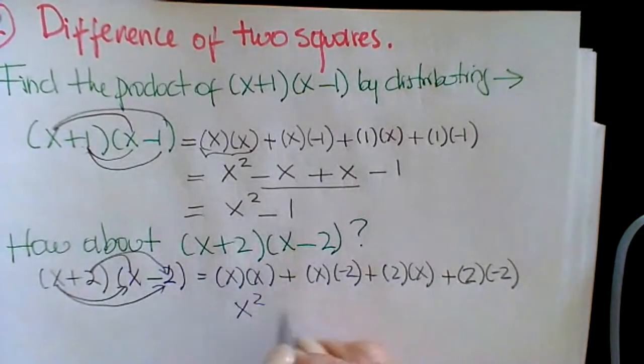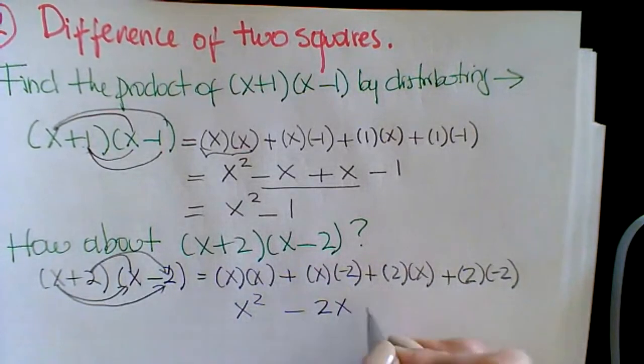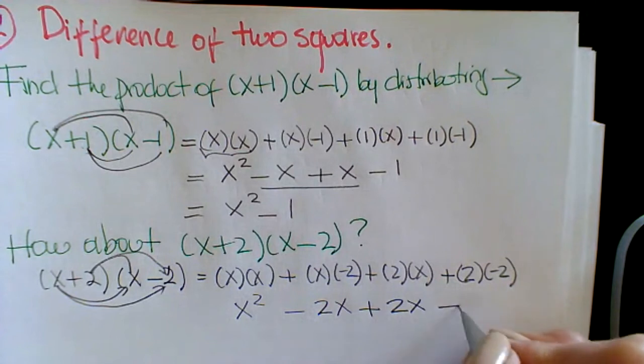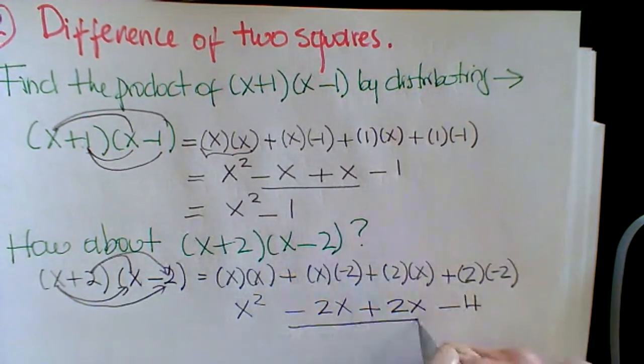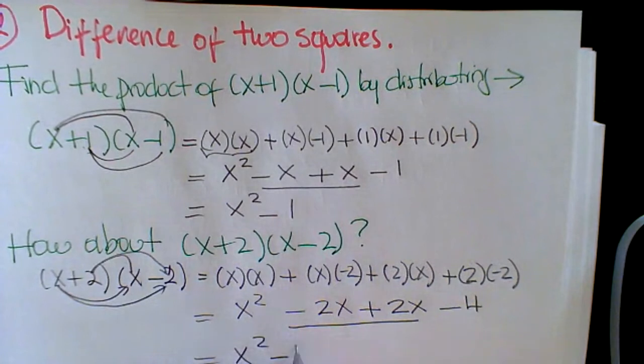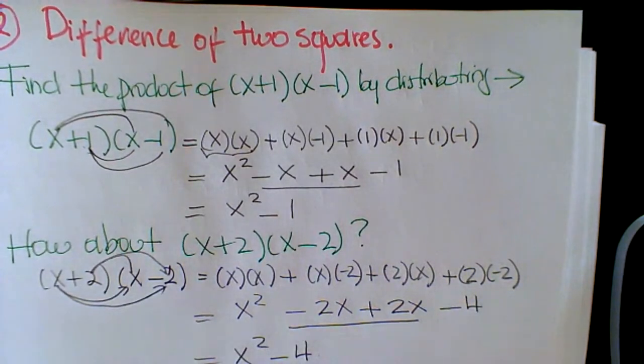So from here I get x squared, negative 2x plus 2x minus 4. So what I have is x squared minus 4.